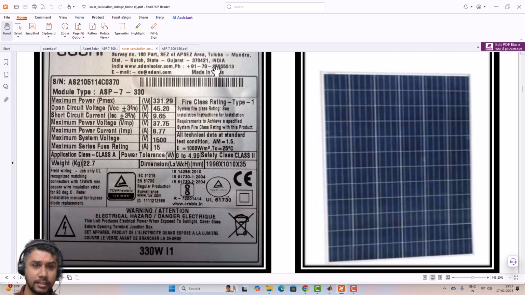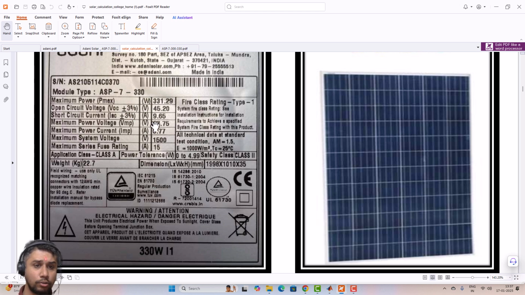Made in India, so it is completely a Swadeshi module, which is used for installation at domestic levels, and the subsidy is given to the consumer only if they are using Swadeshi panels at their location for the installation. The module is ASP7 330, so 330 is the watt peak value.